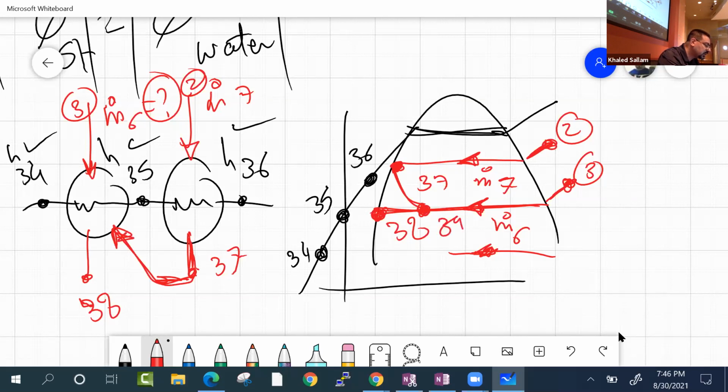Let's call this 39, for example. What is the relation between H37 and H39? What is the relation between the H before throttling and the H after throttling? It's the same. Why is throttling constant H? Because throttling is adiabatic and no work. Say that again.